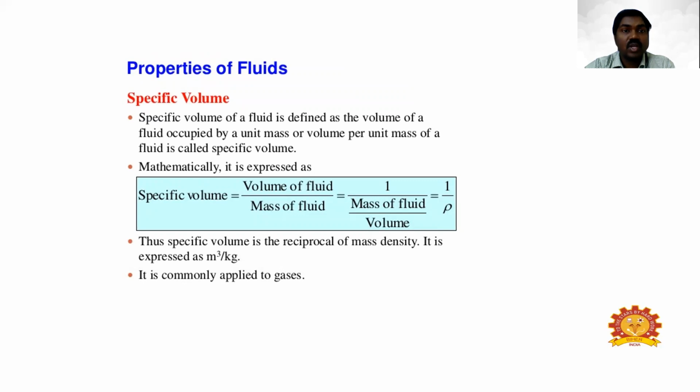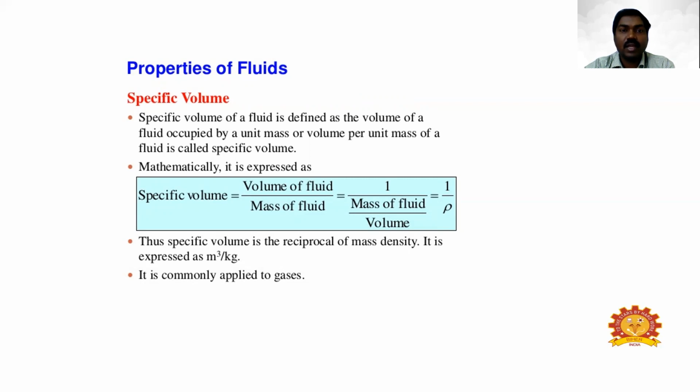Specific volume. The specific volume of a fluid is defined as the volume of fluid occupied by the unit mass, or volume per unit mass of the fluid. Its mathematical expression is volume of fluid divided by mass of fluid.